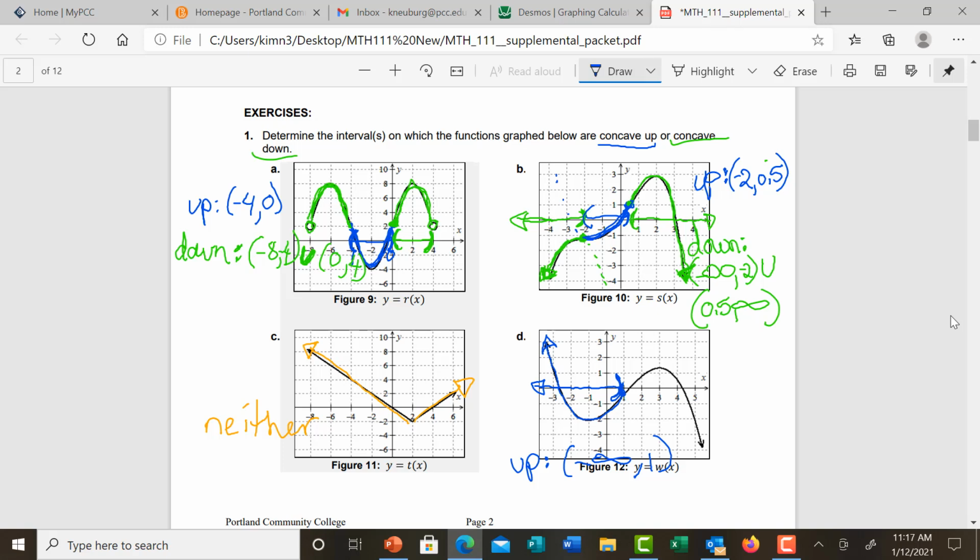And then the concave down, where you dump your cereal out, starts here at 1 and continues on. You have an arrow on that, so it goes forever. So from positive 1 up into infinity, that's where it's concave down. And that's section 1.3 of your supplement.